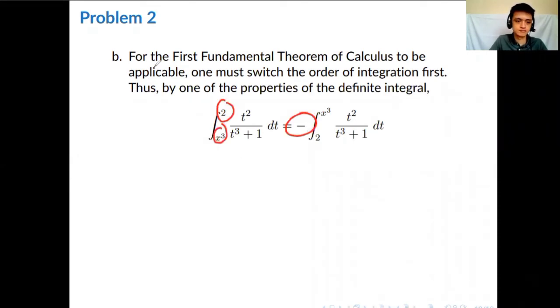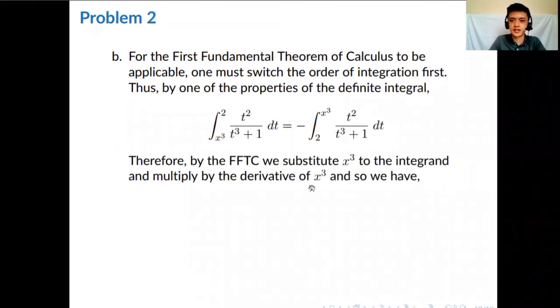So after that, we'll be substituting x cubed to the integrand and multiply by the derivative of x cubed. So in other words, okay, kapag ito yung f of t natin, remember, kapag ito yung f of x, tama ba? F of x, ito. Okay.